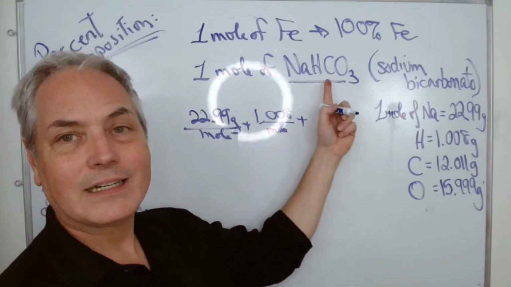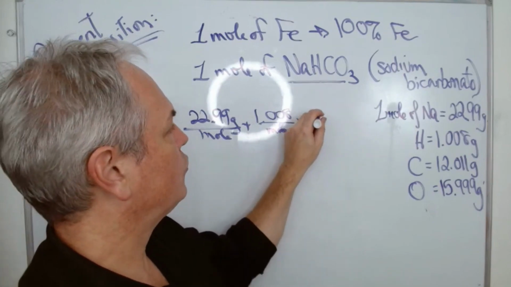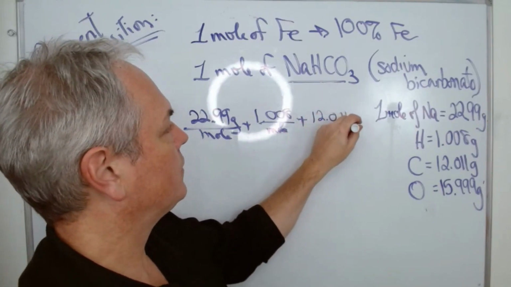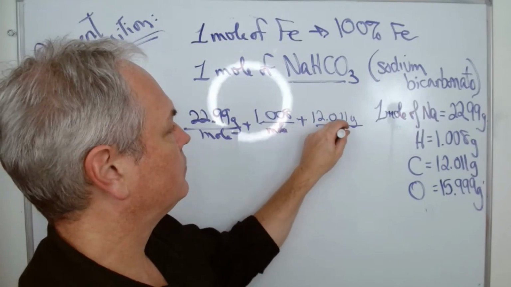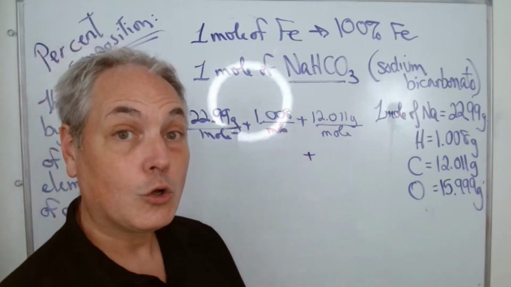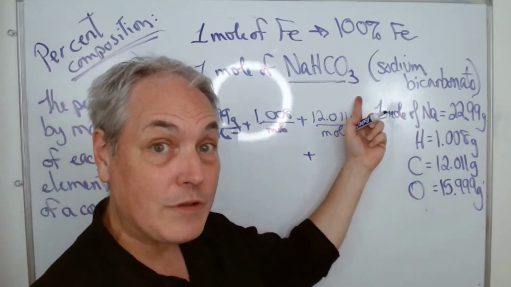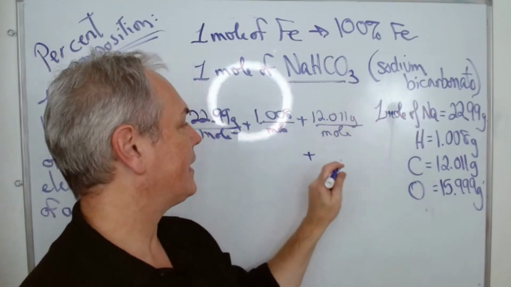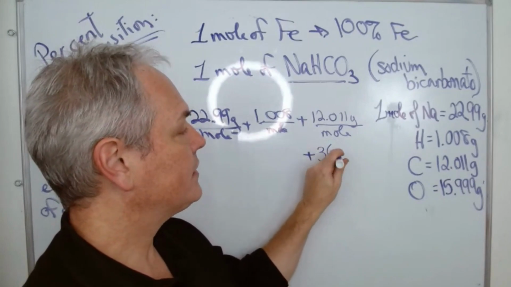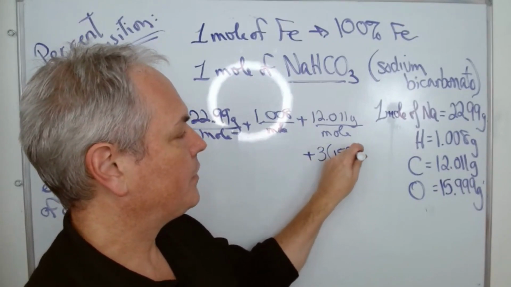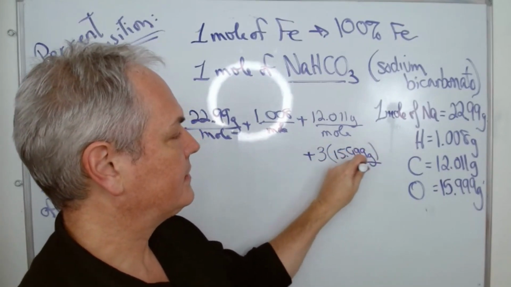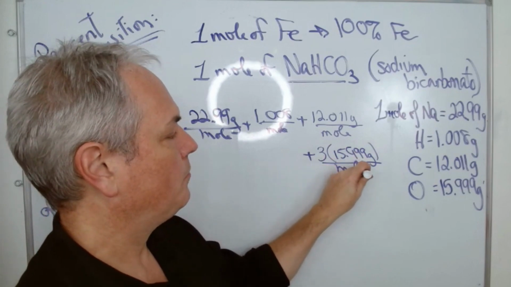I'm going to add the carbon, which is 12.011 grams per mole. And I'm also going to add the oxygen. But interestingly, there are 3 atoms of oxygen, so I need to add 3 times 15.999 grams per mole.